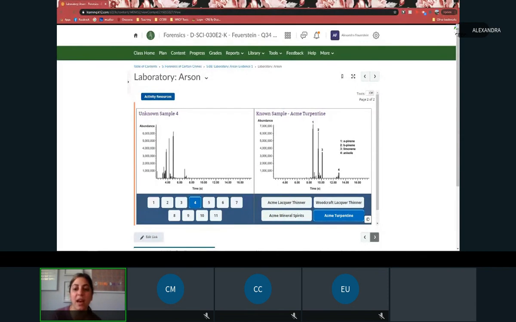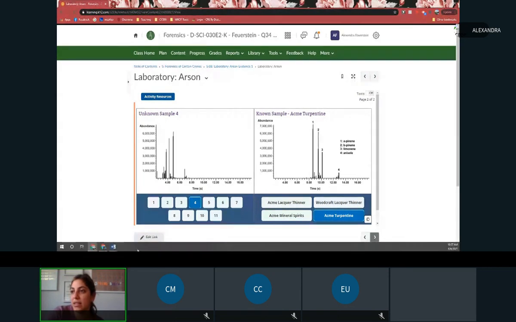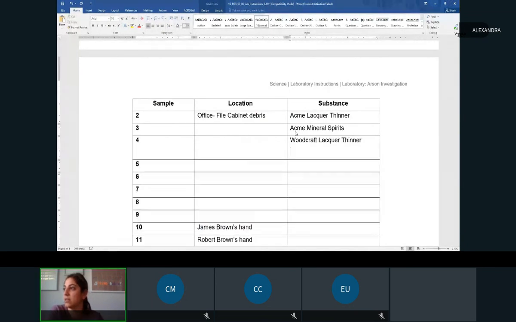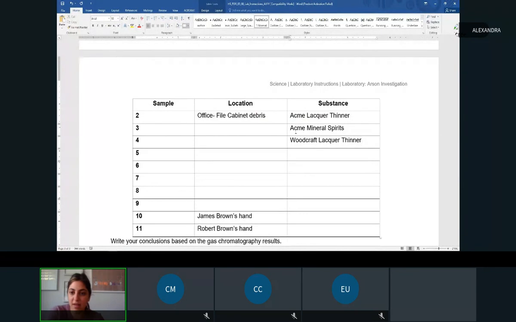Perfect. So go ahead and fill out that table. And I'll do the same thing on my end, so that way we can all be on the same page. You can take a look at it. So 3 is the Acme Mineral Spirits. 4 is the Woodcraft Lacquer. 5 is the Acme Lacquer.